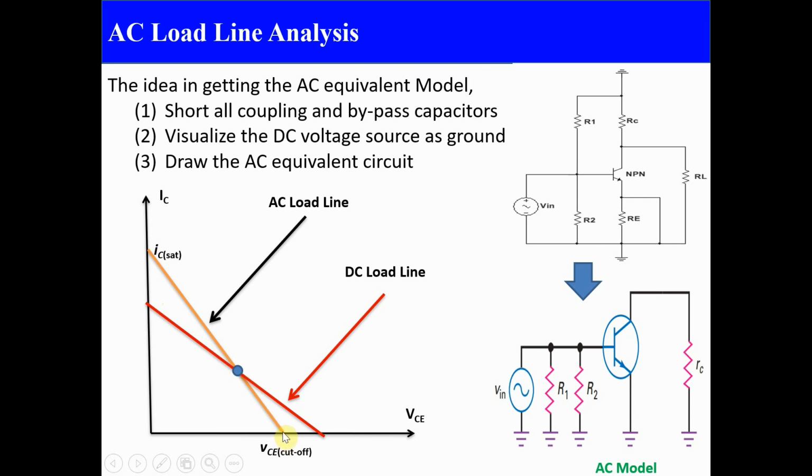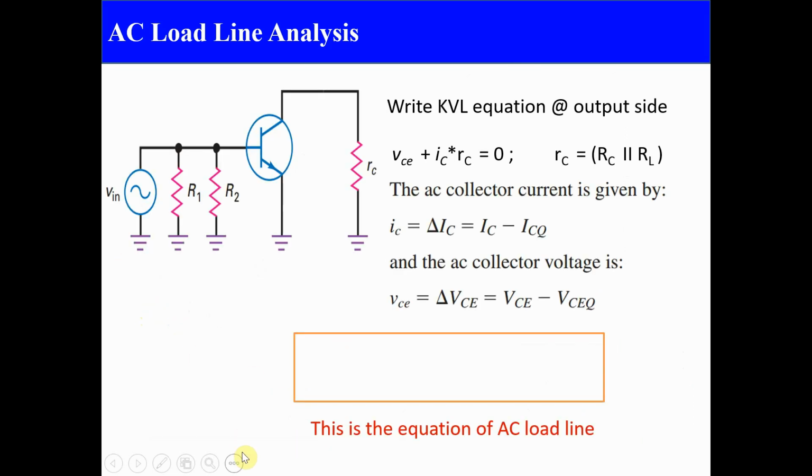That's why the cutoff point of the AC load line would be smaller than the cutoff point of the DC load line. Means here the voltage would be VCC, but here it would be less than VCC. So this way we have two load lines, one DC and one AC. Now let us find out the extreme points of this AC load line.